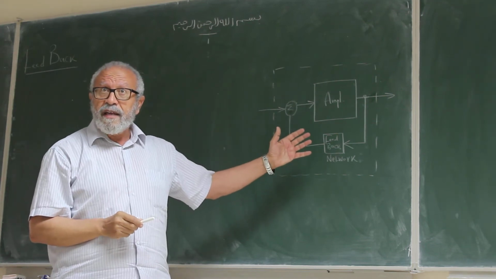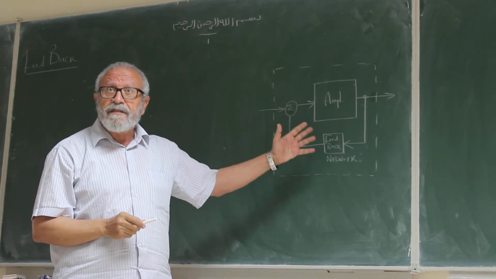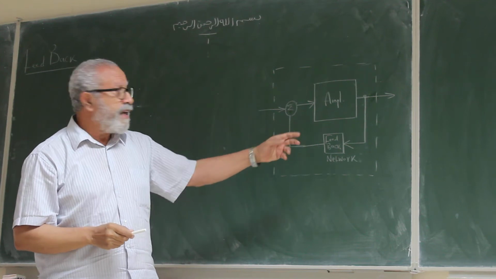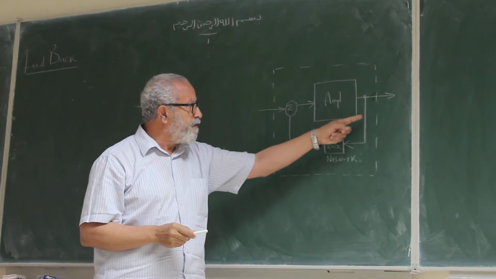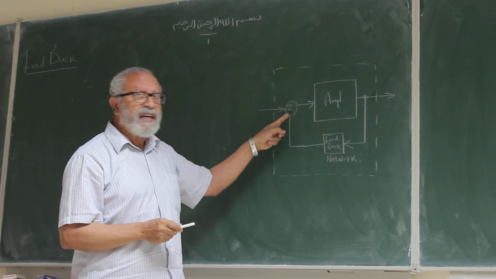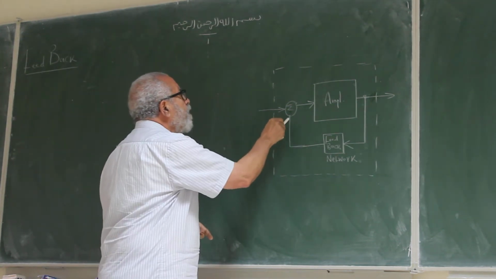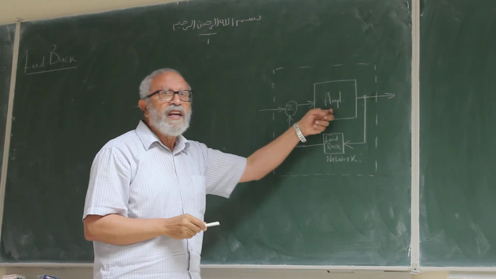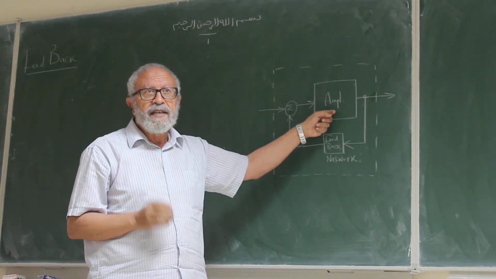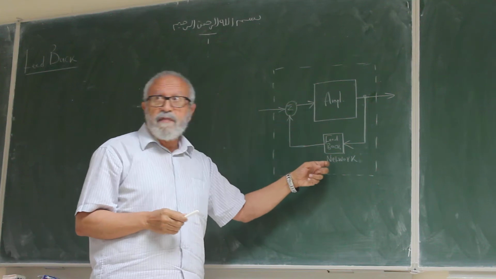This is an amplifier with feedback. Why? Because we took the output from the amplifier and fed it back to the input. And this is the original amplifier without feedback. This is a feedback network.